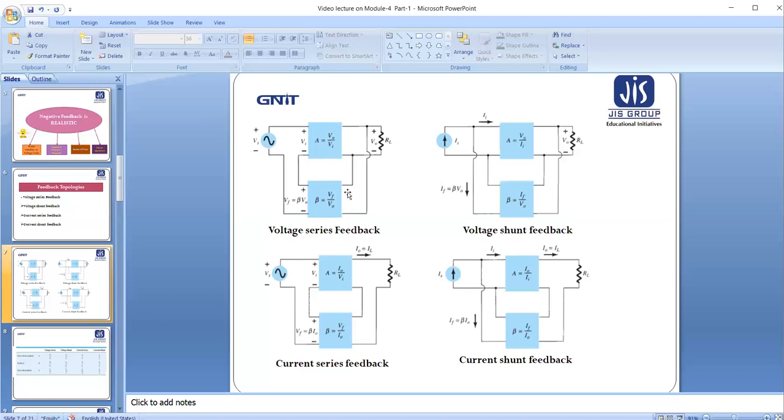As we know, the feedback circuit produces some sort of signal from the output, and that signal will be treated as the input of the amplifier. So we must be aware of this series term. Series means two or three quantities are in series.